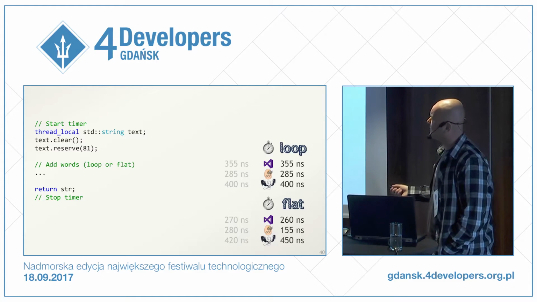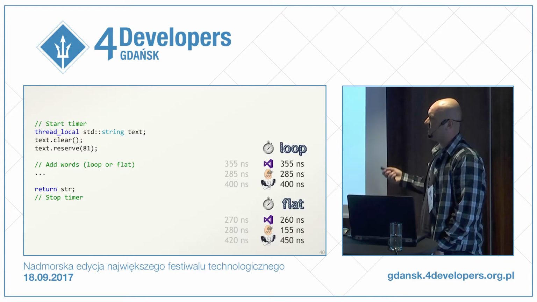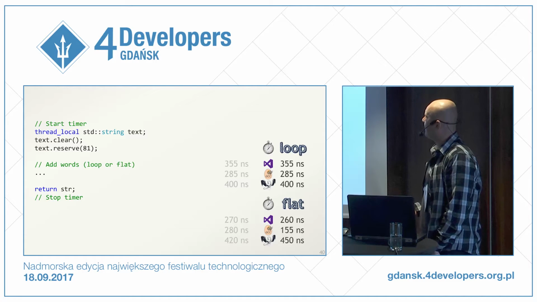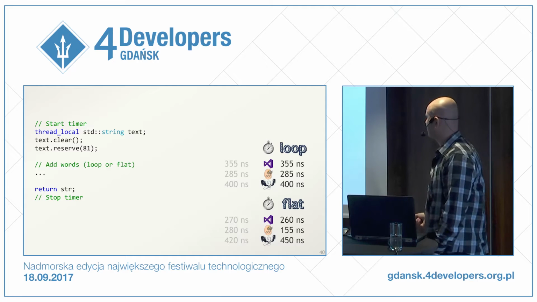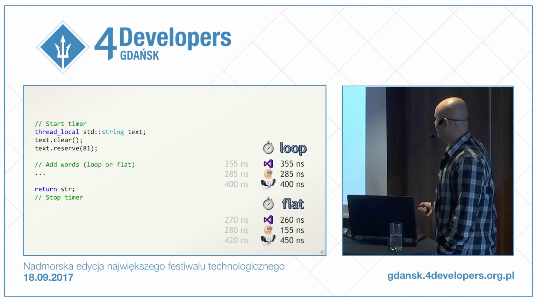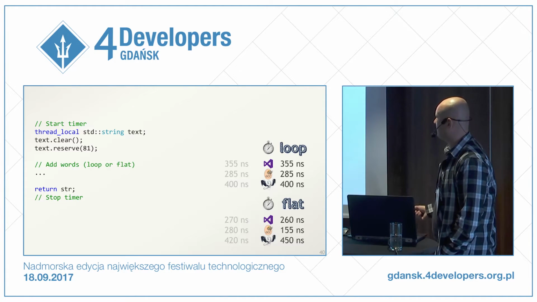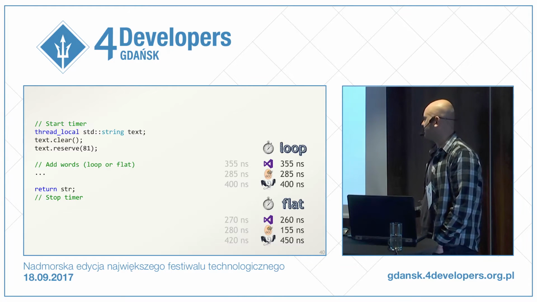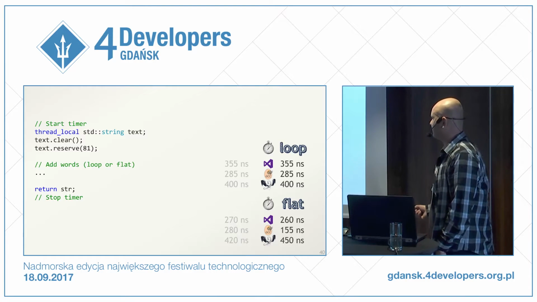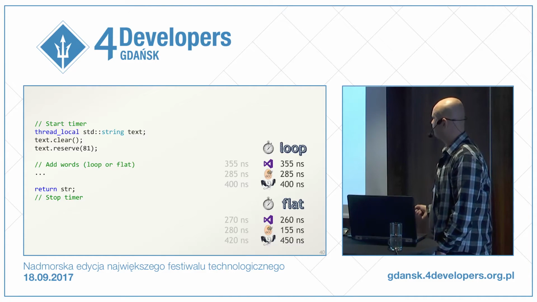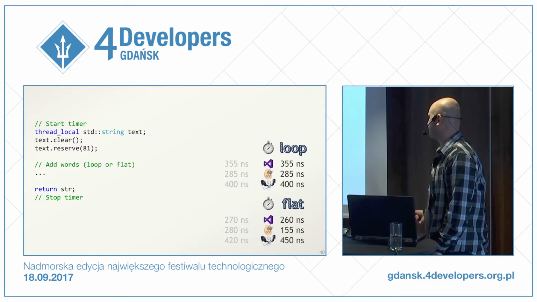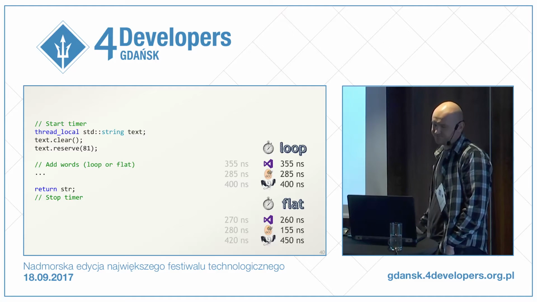Okay, thread local string, clearing, reserving, adding, similar times. Yet here for this flat model that is appending string literals, the time is pretty promising. Clang for some reason did not get it as good as the other compilers.